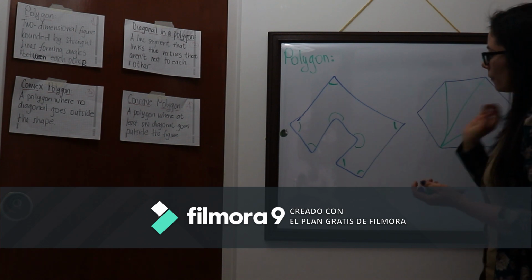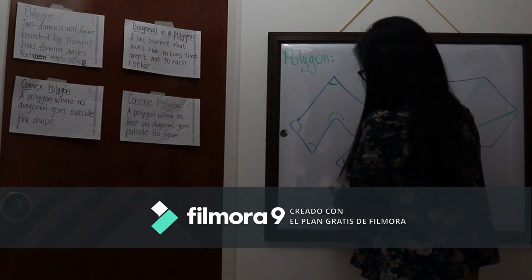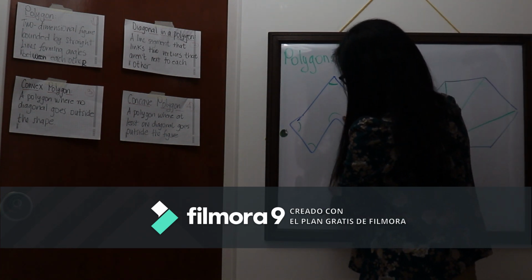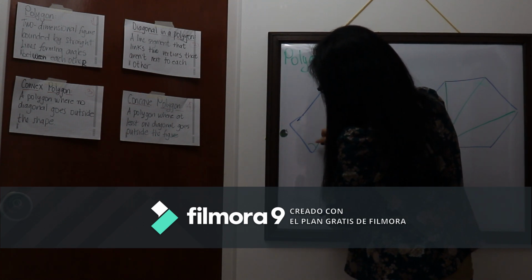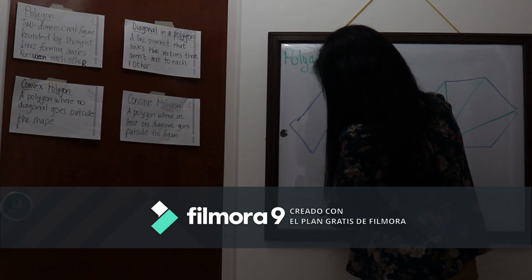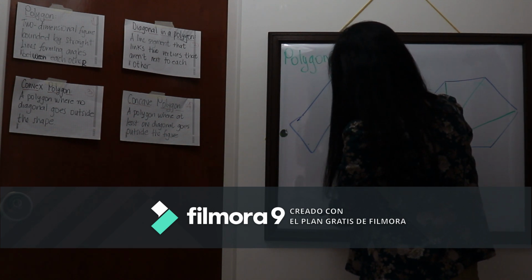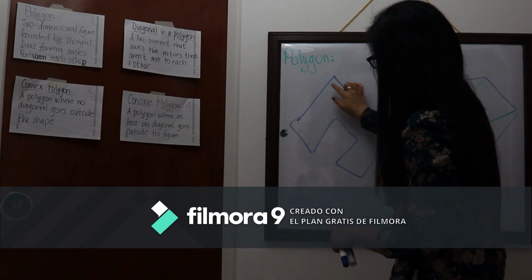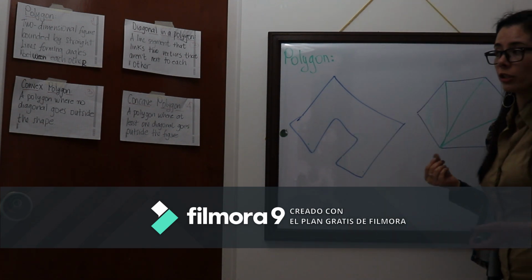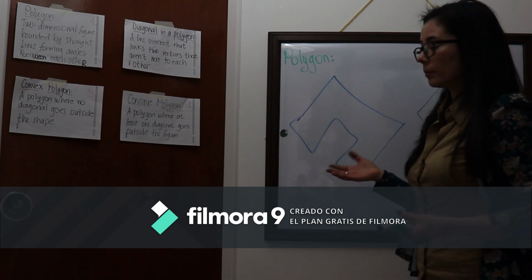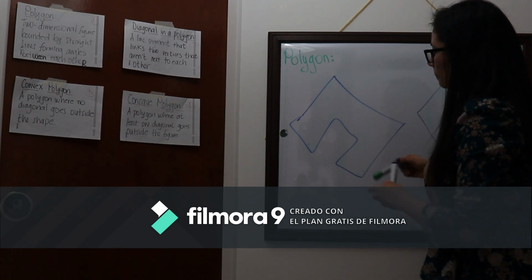In that order of ideas, if we work with this polygon we had over here, by the number of sides I could say, let me count, 1, 2, 3, 4, 5, 6, 7, 8. It's actually an octagon. It is irregular, right? But it is an octagon.